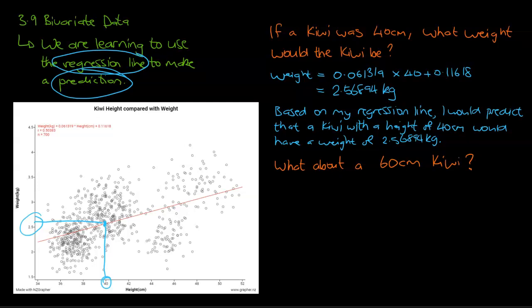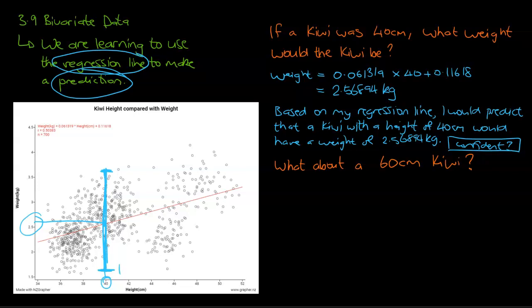So that's our nice statement. If you're looking to get merit, or maybe you're looking to push beyond it, a nice idea would be after this, you might want to talk about how confident you are with that prediction. Like, do you think that's a pretty accurate prediction? Do you think it's going to be unreliable? In this case, at the point that we're looking at, which is 40, you can see the data starts down the bottom here and goes all the way up the top, so we've got quite a wide gap.